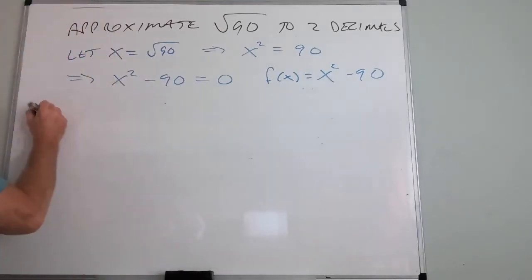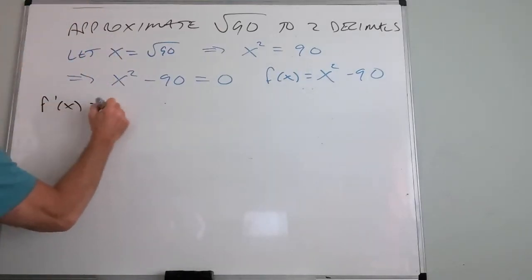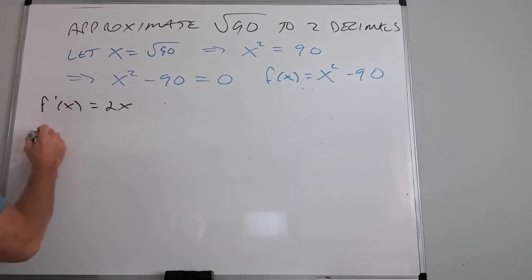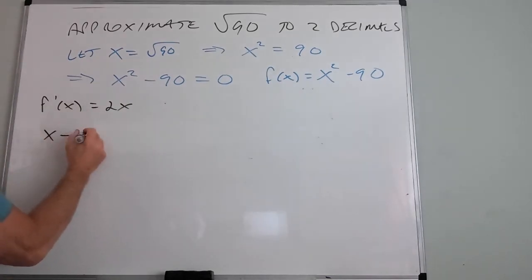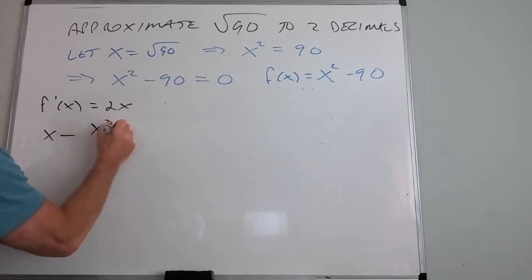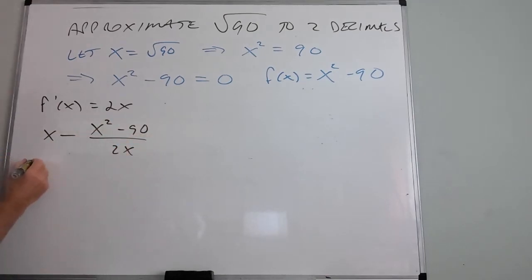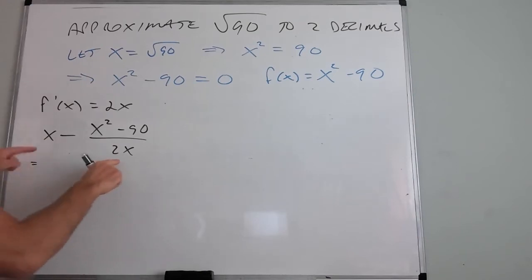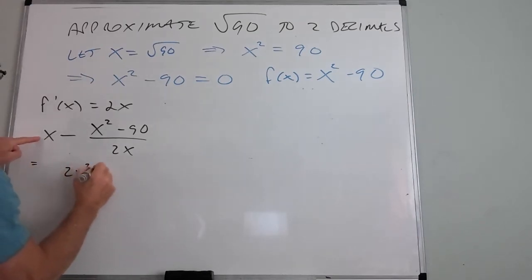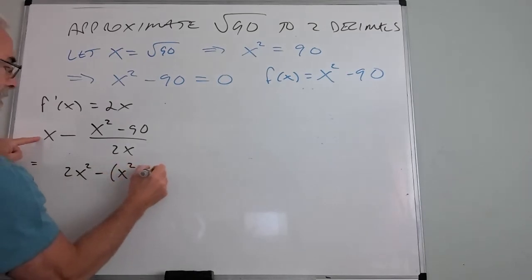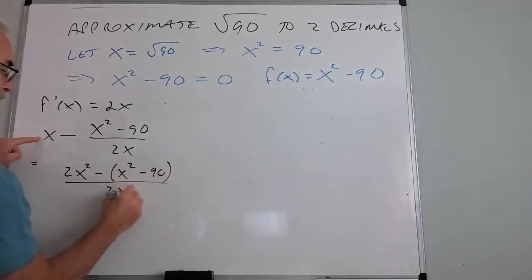So f prime of x is 2x. So if we did x minus f of x over f prime of x, and let's put this over one denominator. I'm doing my scratch work. So that'd be 2x squared minus x squared minus 90 over 2x.